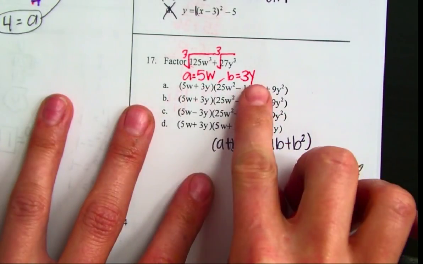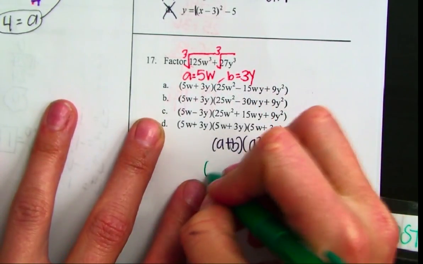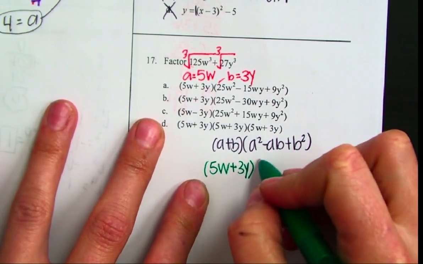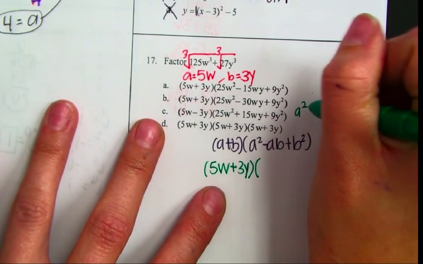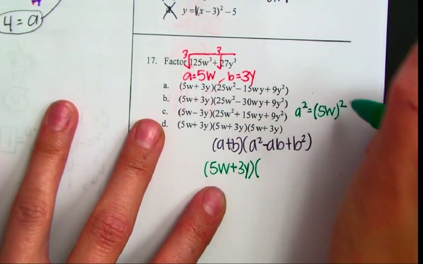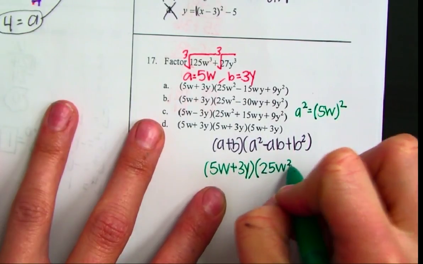So this is your a, this is your b, you're going to plug them into this formula. So it's going to be 5w plus 3y for a plus b. Then it's going to be a squared. So hopefully a squared, we are going to do 5w squared. 5w squared is going to give us 25w squared.